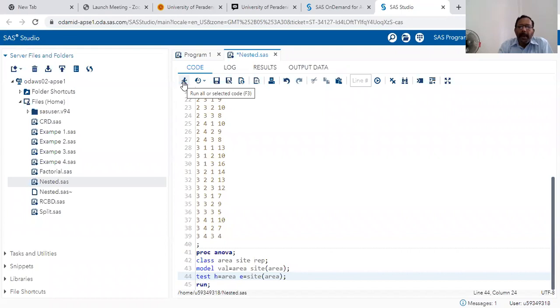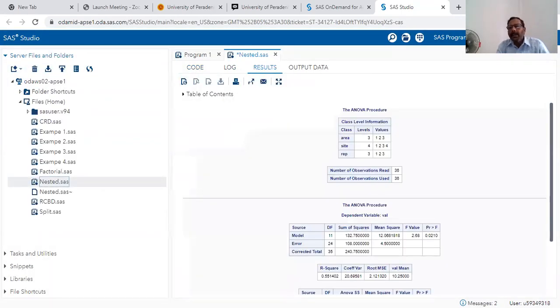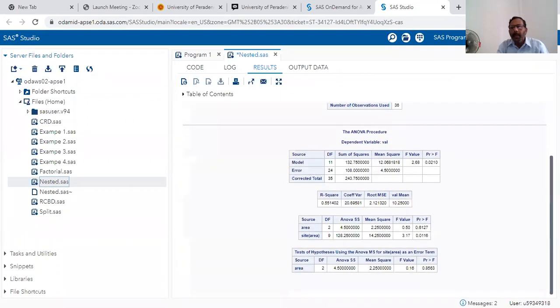I'm going to run the program and see what the output is. In addition to the earlier output, which you will get as usual, up to here it is similar to the earlier one. This is a new one. You see the test of hypothesis using the mean square for the site within the area as an error term.